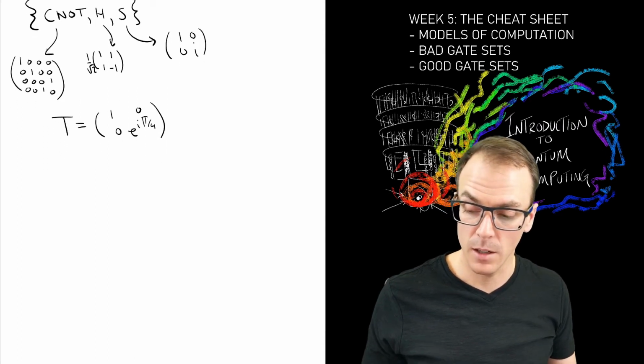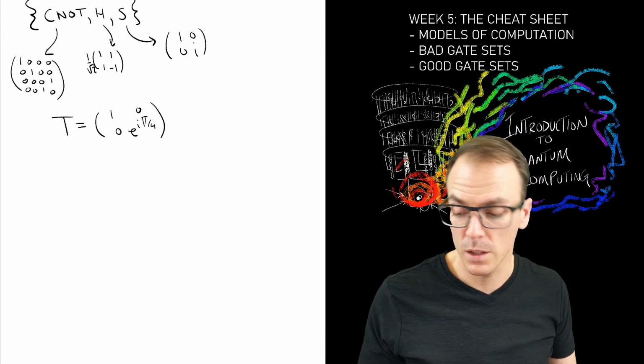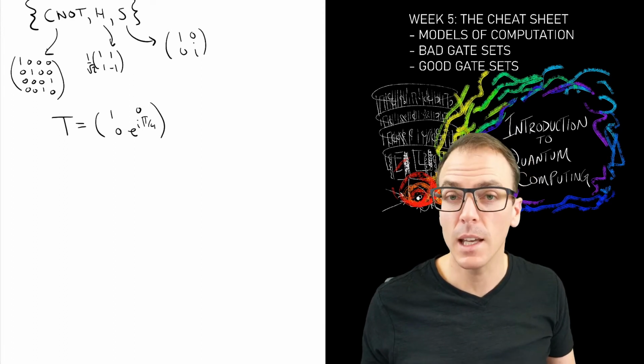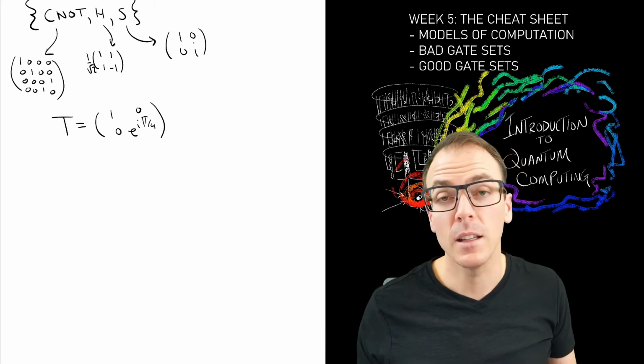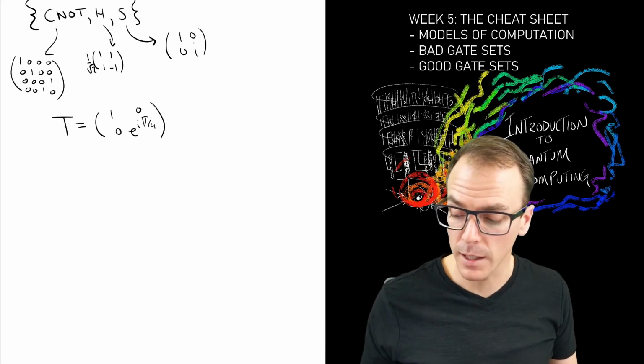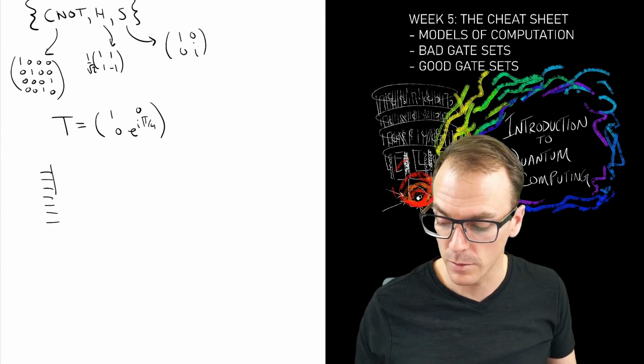That can also be proven: with just this extra T gate, now I can perform any unitary that I like on any number of qubits. So just a schematic of what that means.